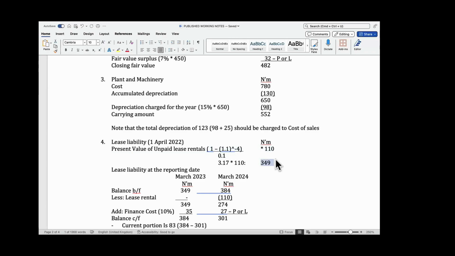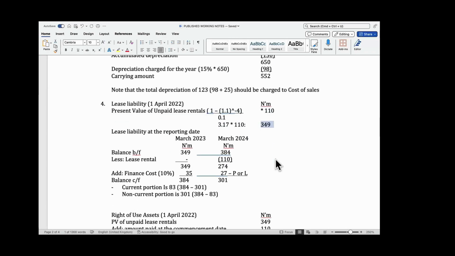Okay, so I have a question. Okay, Badmos. I would like to know, the right of use of assets, is it applicable to only lessor or both lessor and lessee? This is only applicable to lessee. For lessor, it's a different thing entirely.